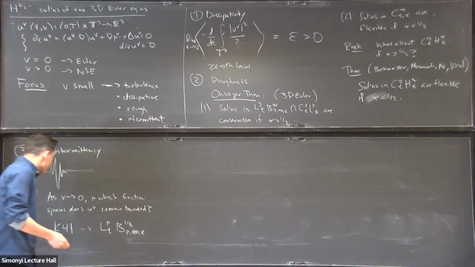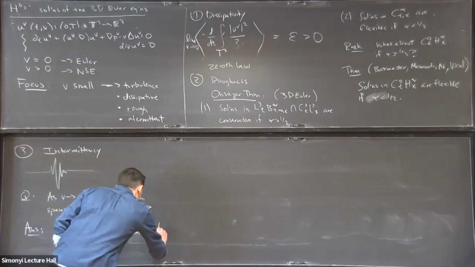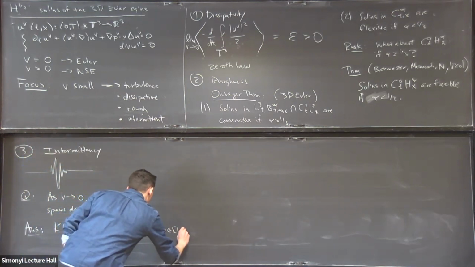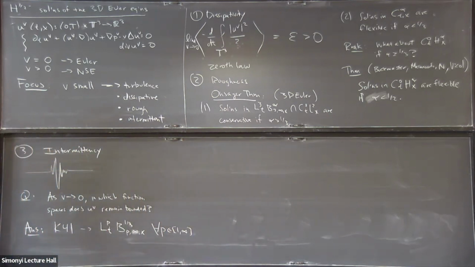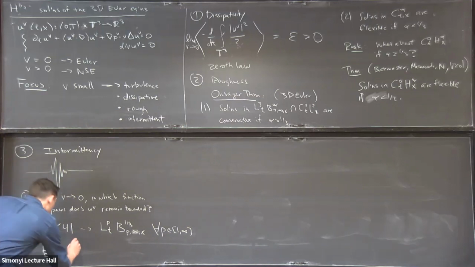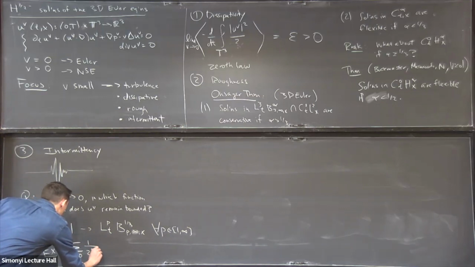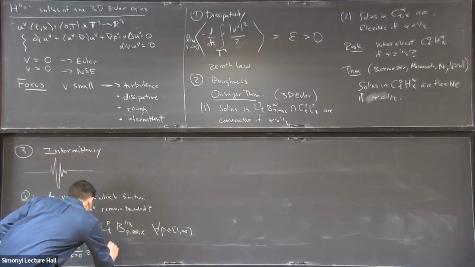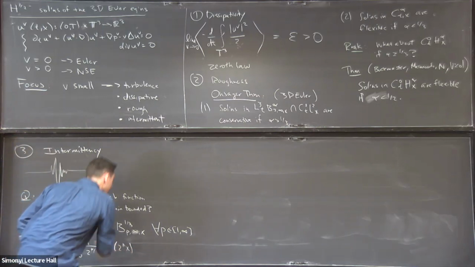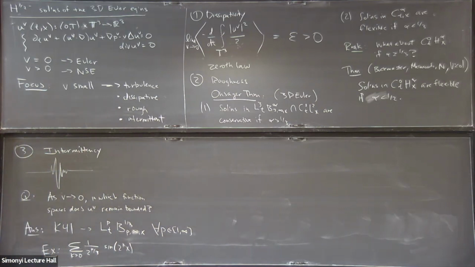And to give yourself an idea of what kind of function would satisfy this for all p, you could consider a sum of sine waves, like the sum of 2^{-k/3} sin(2^k x). So this is something which is an infinite sum of spatially homogeneous objects.